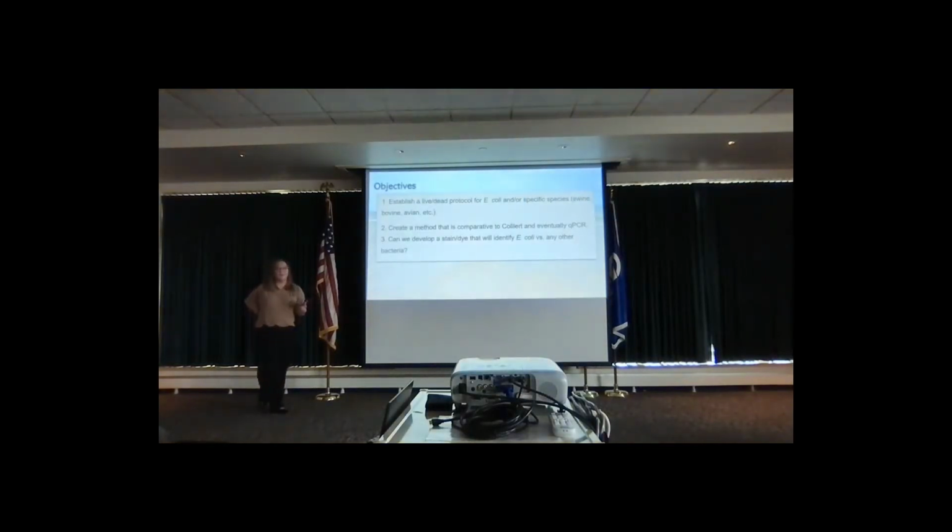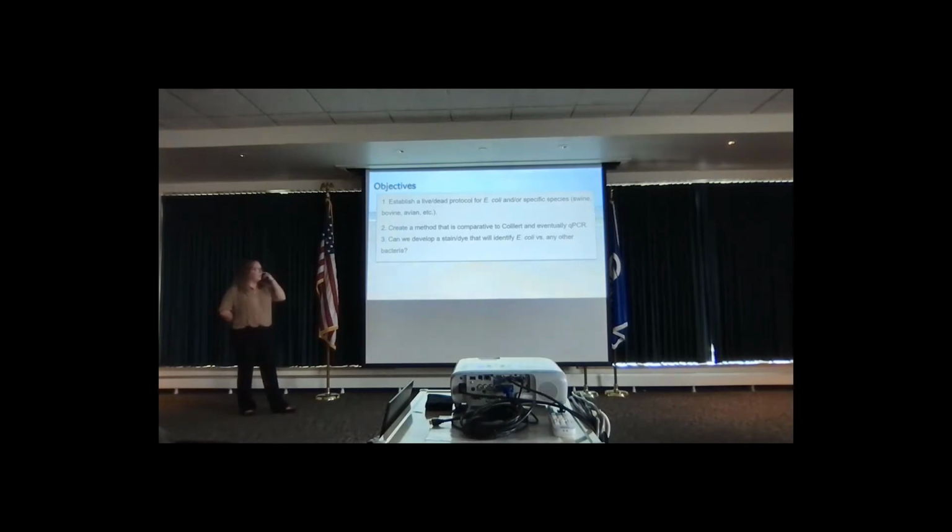So when we started this, we had several objectives. Like I said before, we wanted to establish a live dead protocol for E. coli, and we thought we did that with the cyto9 and PI, but we found some problems. We also wanted to see if we could move into specific species like swine, bovine, or avian.